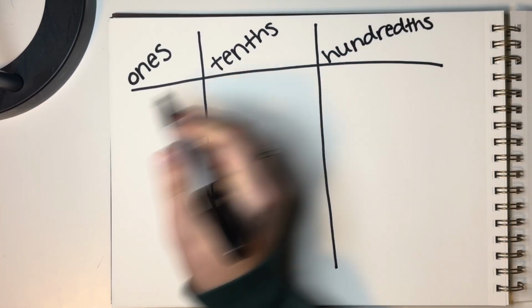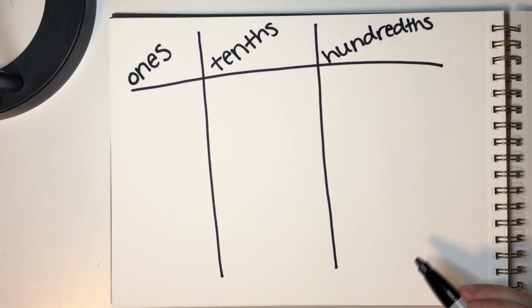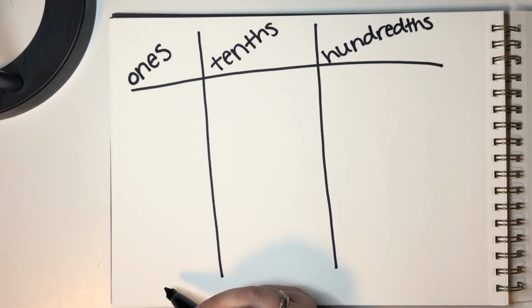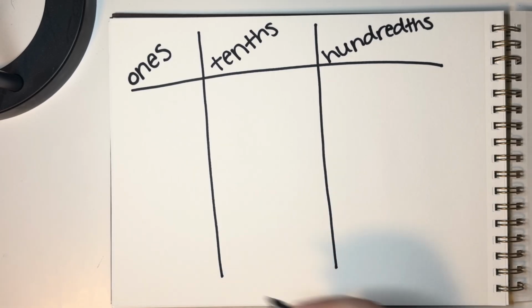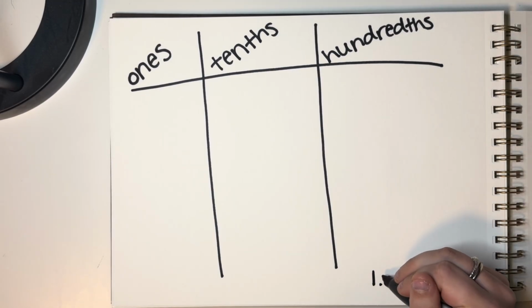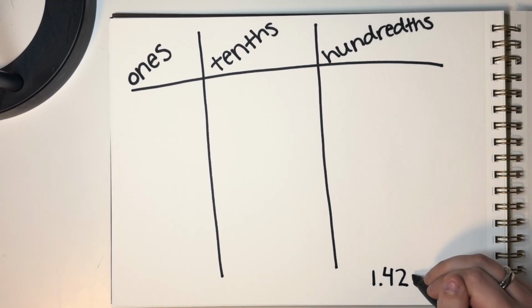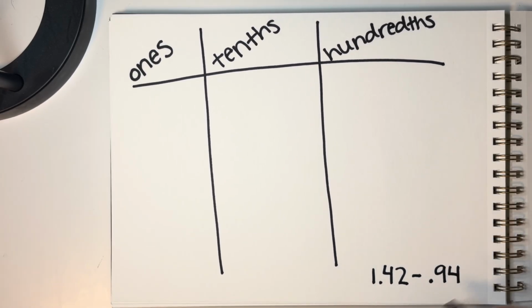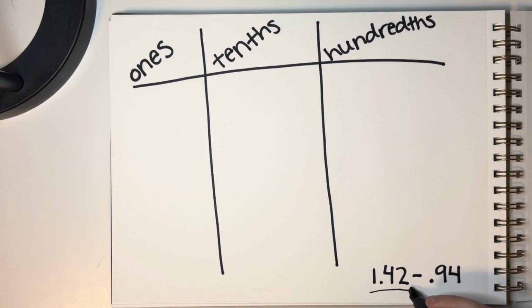I'm going to draw these values and cross out the other value to subtract and take away. So remember, the equation we're working with is 1 and 42 hundredths minus 94 hundredths. So I'm going to draw this bigger value, and I'm going to cross out this smaller value.